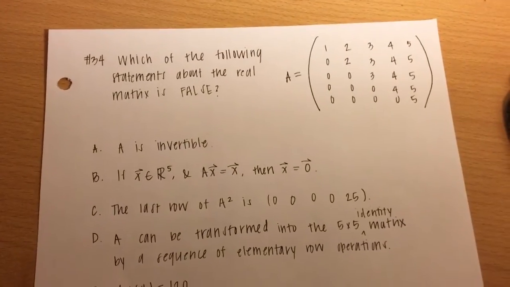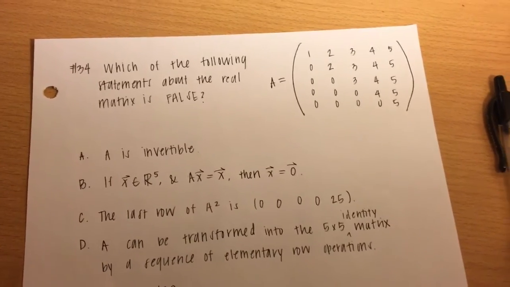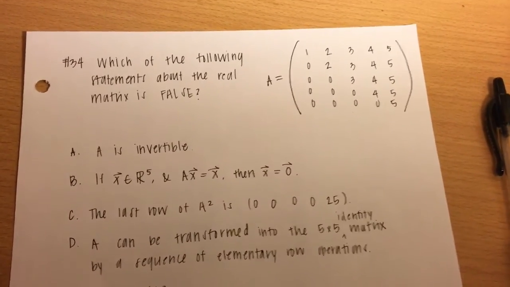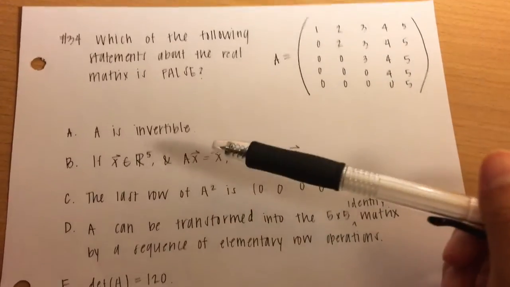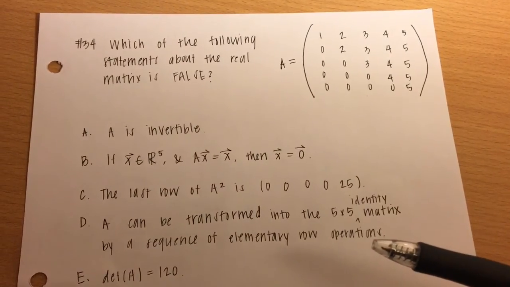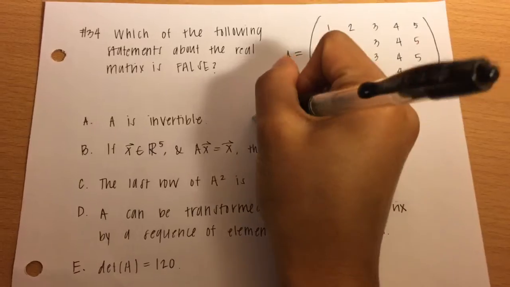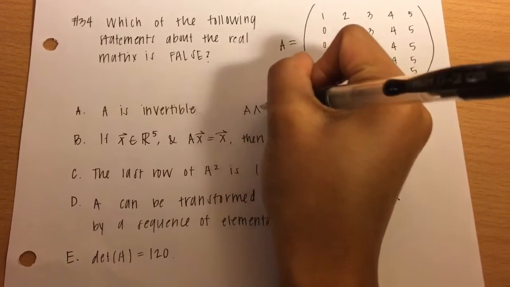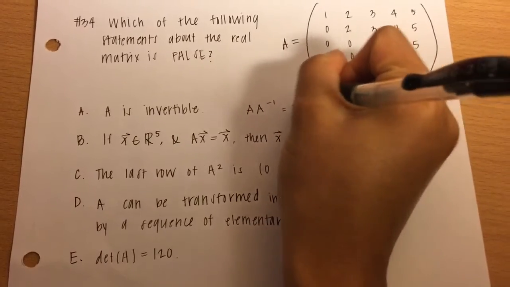Okay, now this question reads, which of the following statements about the real matrix is false? So, beautiful matrix, 5 by 5, yay. Alright, so the first option here is that A is invertible, which means that if A is multiplied by the inverse of A, we would get the identity matrix.